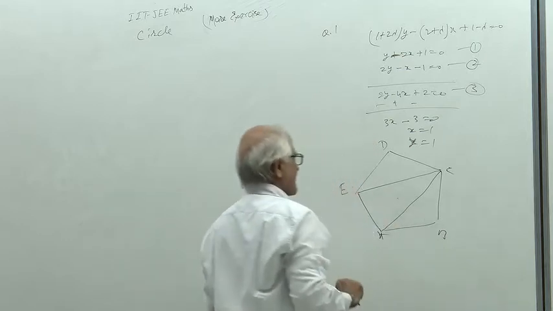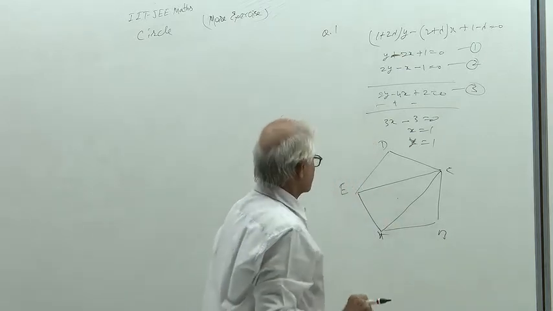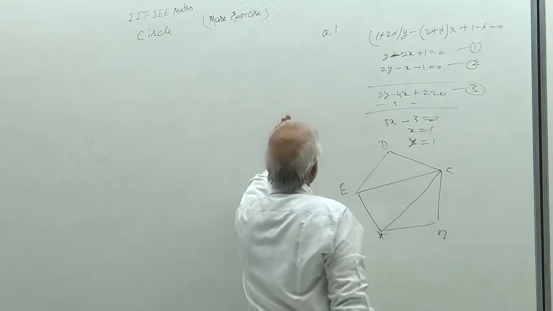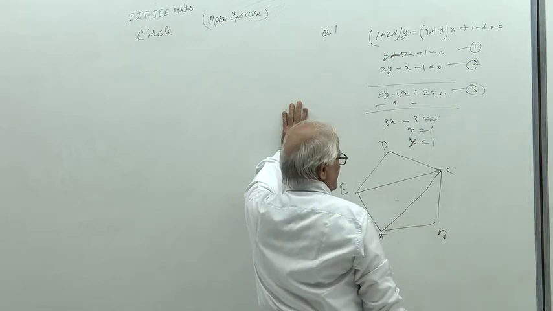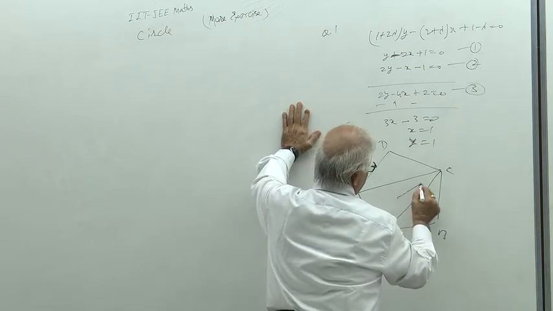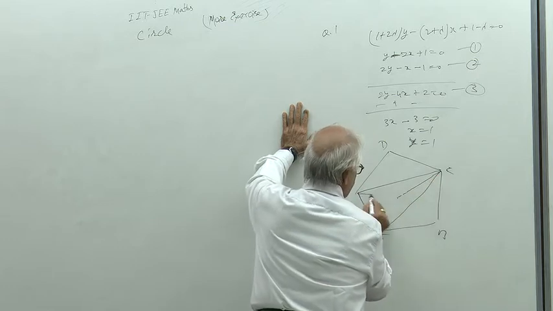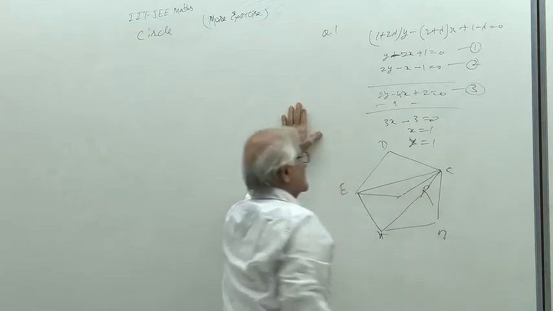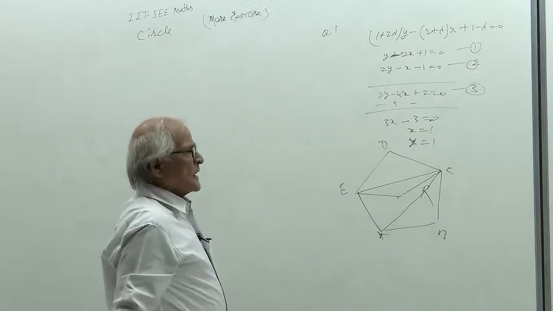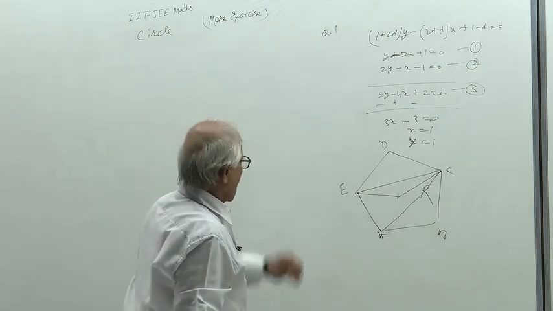You see, the center will lie on the diagonal. These are equal to the radius of the circle circumscribing the pentagon. Let R be this.